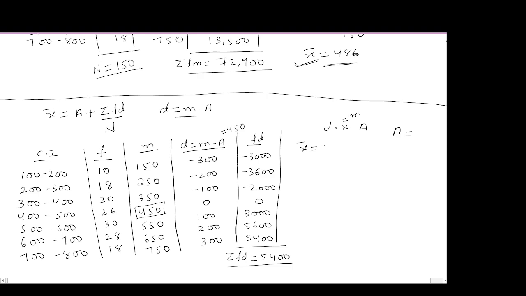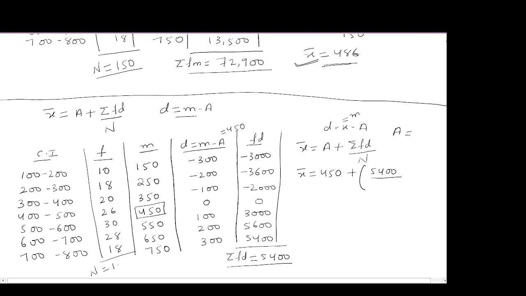X bar is equal to capital A plus summation F into D divided by capital N. So x bar is equal to assumed mean, how much we have taken? 450 plus summation FD. Summation FD total we have got 5400 divided by capital N. So capital N is nothing but total of frequency.